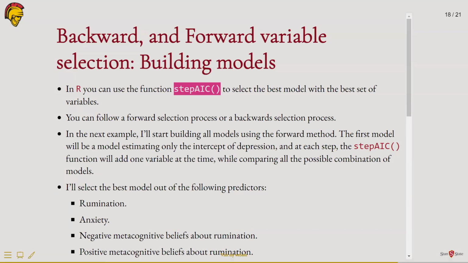What it does is to try to find the regression model that has the lowest AIC value. Remember that the AIC value has to be the lowest in order to make the conclusion that the model is better, right?